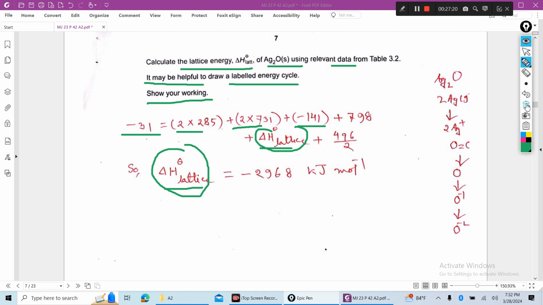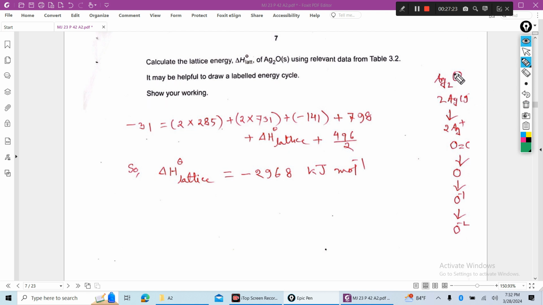Okay, now you see, first silver oxide will form from 2Ag, then 2Ag will form 2Ag+, ionization, oxygen double bond breaks, one oxygen atom will be formed, then oxygen gains one electron, first electron affinity of oxygen, O-, and O2- forms by the second electron affinity.